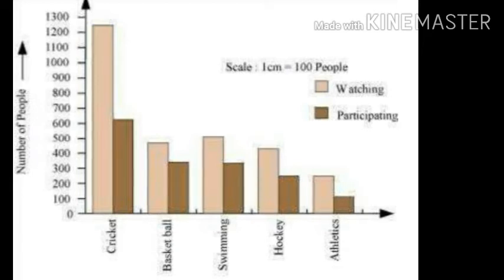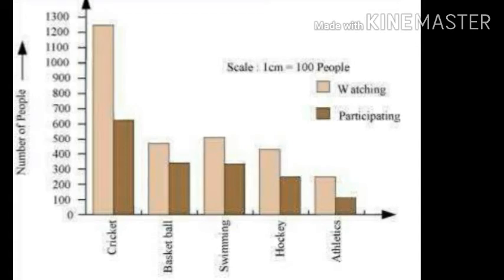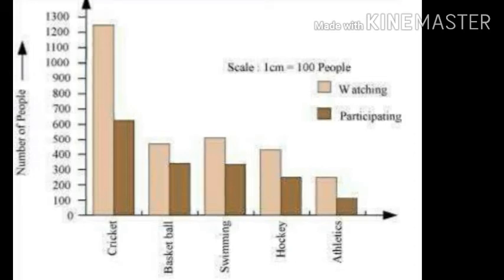The double bar graph represents the number of people who like watching and participating in different sports. It can be observed that most of the people like watching and participating in cricket, while the least number of people like watching and participating in athletics.